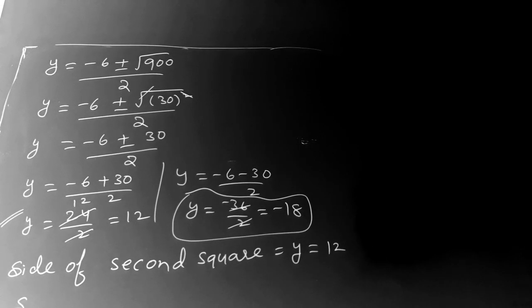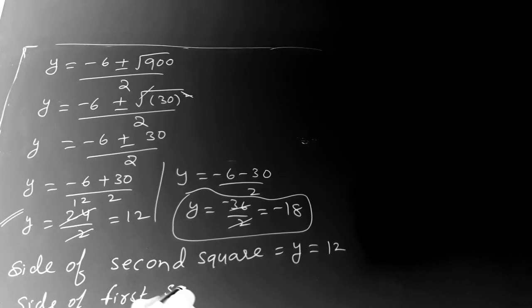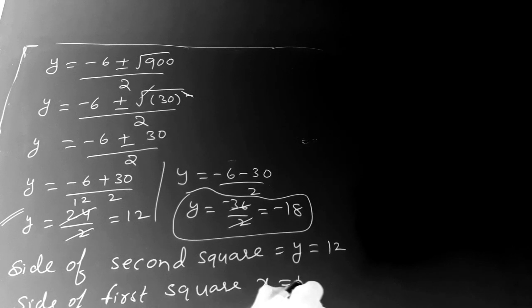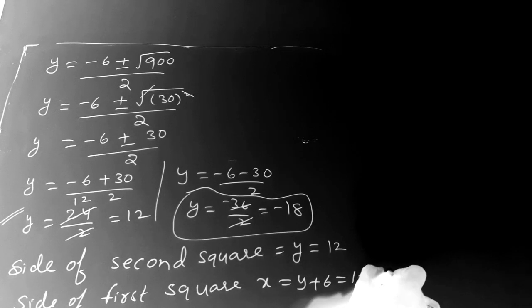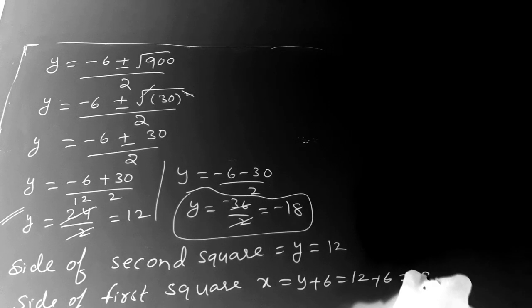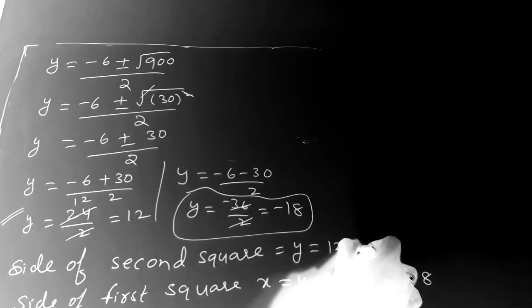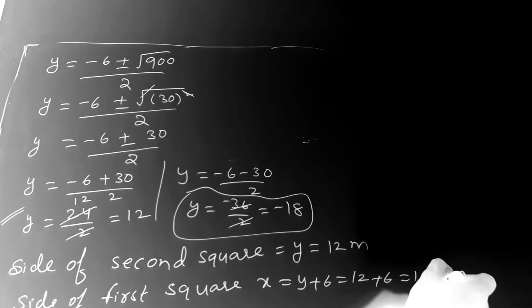Now we need the side of the first square, that is x is equal to y plus 6. So 12 plus 6 is 18. This is 12 meters. This is 18 meters.